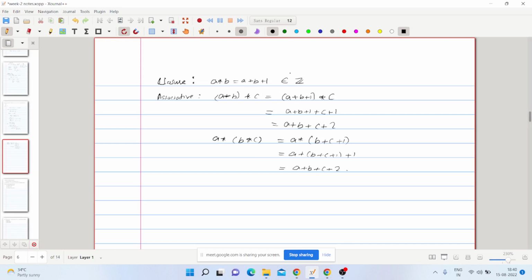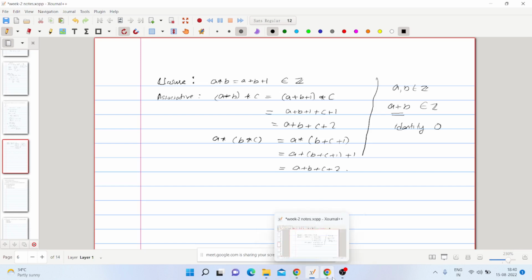What plus operator means is, if A, B in Z, A plus B, this is our plus operator, right? Which belongs to Z. Here the identity is 0. But here the operation is star. Star is A plus B plus 1. This is the operation. Did I answer your question? Any extra doubt?